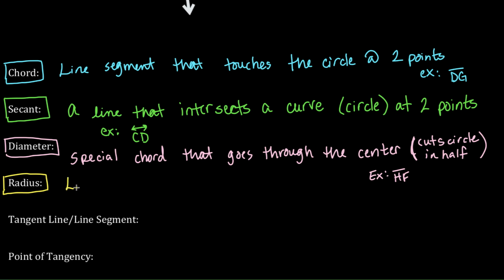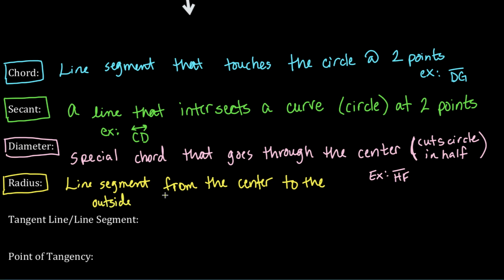It is a line segment from the center to the, I don't want to say, well, you'll understand what I mean, to the outside. Or edge. I guess I could say edge. Edge would be better. Of the circle.